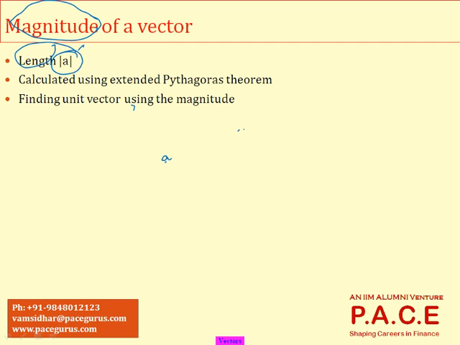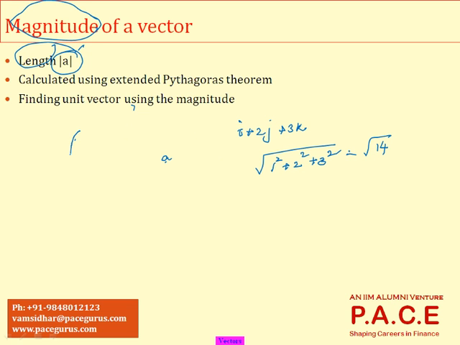If I have a vector like i plus 2j plus 3k, the magnitude is just like your extended Pythagoras theorem: 1 squared plus 2 squared, the j's coefficient, plus 3 squared, the k's coefficient, which gives square root of 14 as the magnitude of this particular vector.